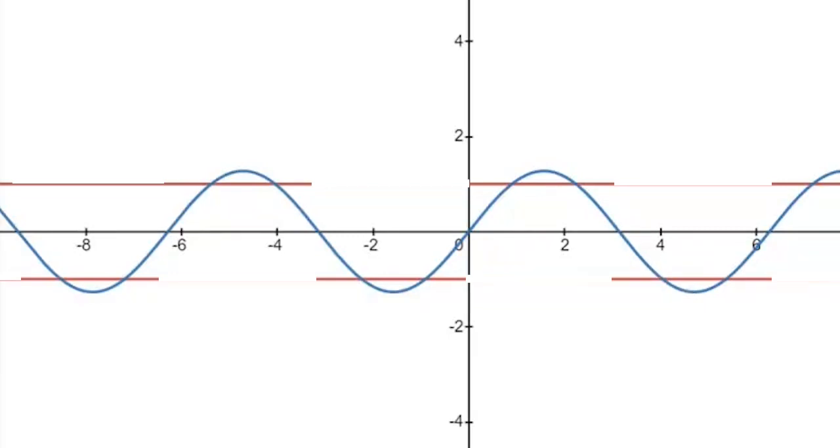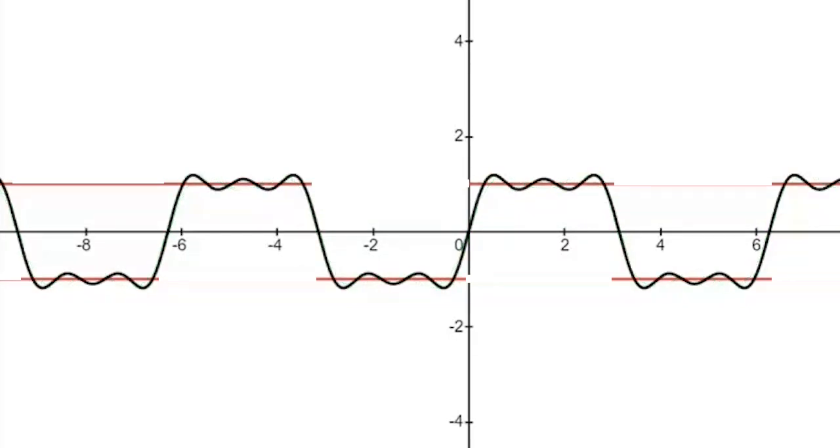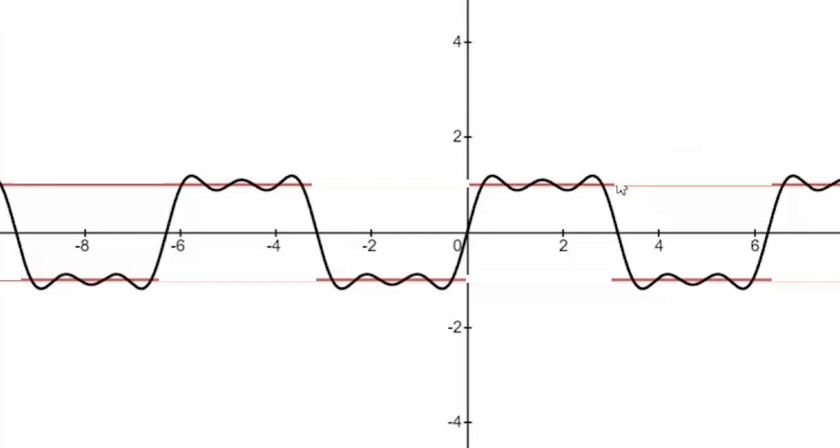Now if we take first two terms, then this approximation becomes better. If we take first three terms, it is even better than the first one. So if we take infinite terms, for most values of x, this function will be approximated by this Fourier series. Now, at the points of discontinuity, Fourier series will always overshoot this function f(x) even for infinite terms. And this phenomenon is called the Gibbs phenomenon.